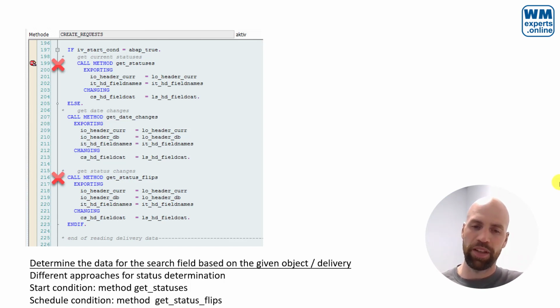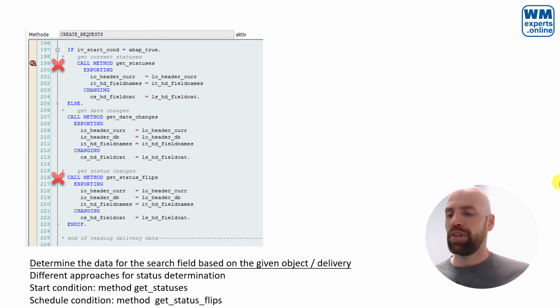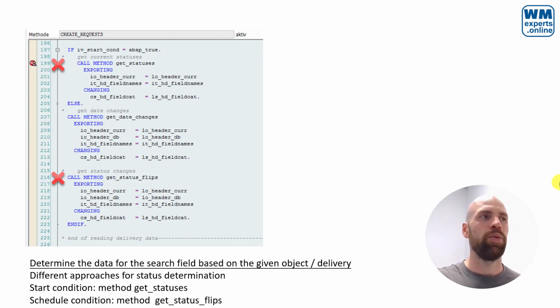Once the process is completed and the data is written on the database, it evaluates this data. That means the usage of statuses in the context of schedule condition is kind of a dangerous thing, because EWM does not always have all necessary data in the memory during runtime in order to evaluate specific statuses.